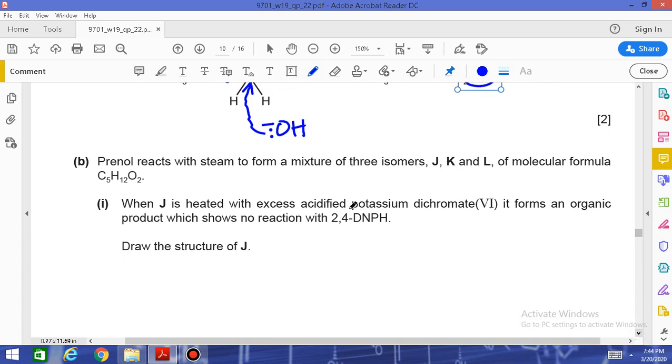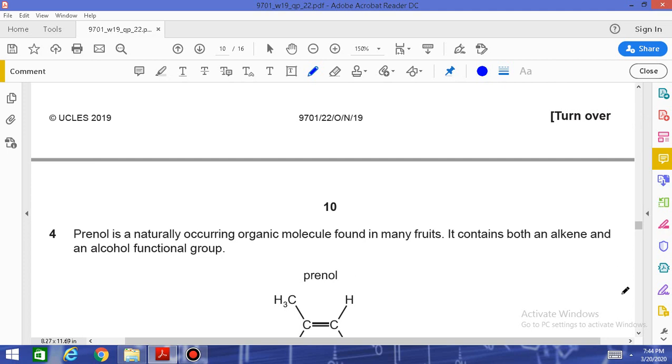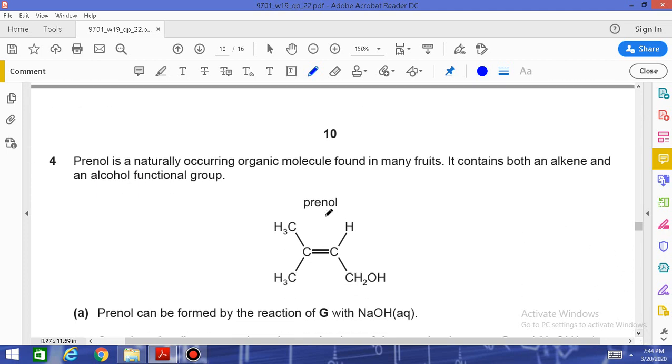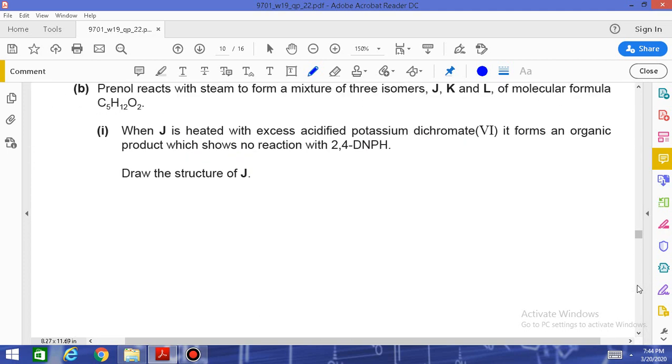Next, prenol reacts with steam to form a mixture of three isomers J, K, and L of molecular formula. This one. So this is prenol. Prenol reacts with steam to form a mixture of three isomers J, K, and L of molecular formula.